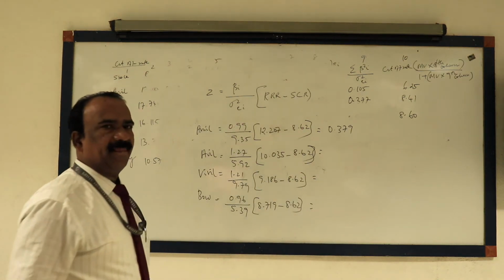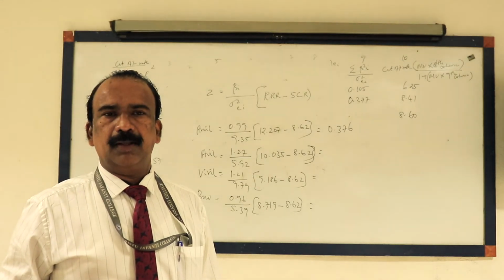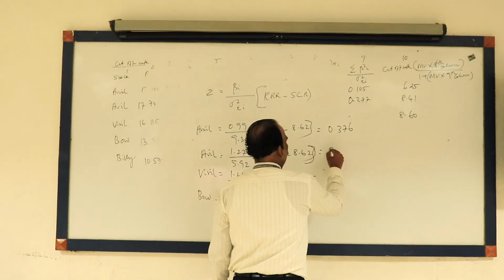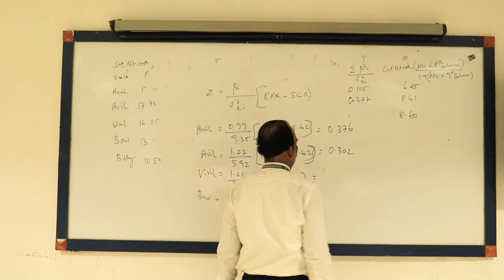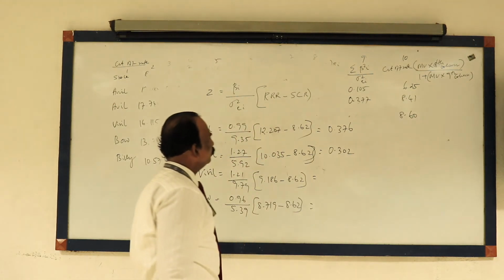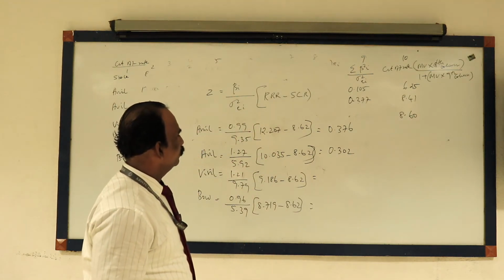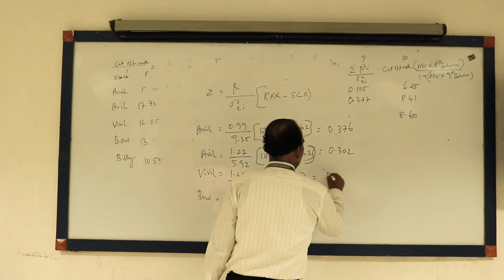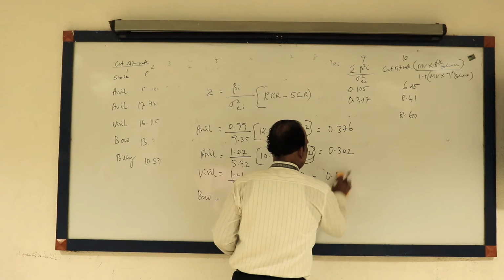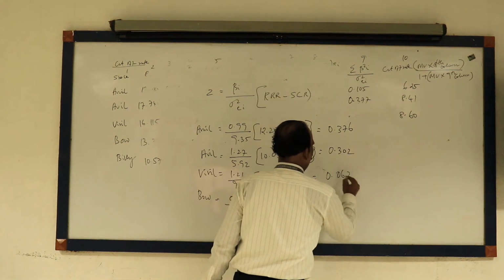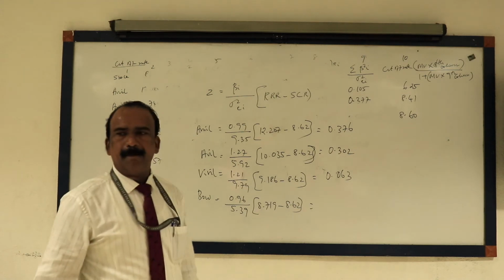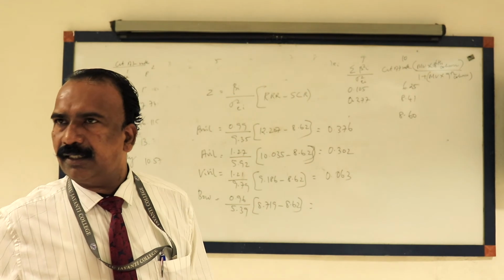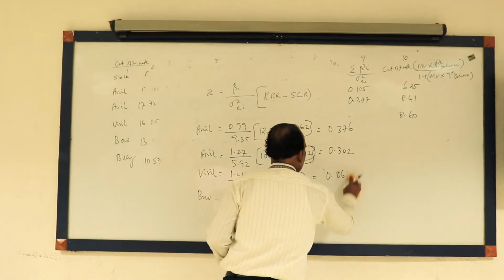Second one, 0.302. Third one, 0.063. And fourth one, 0.069.